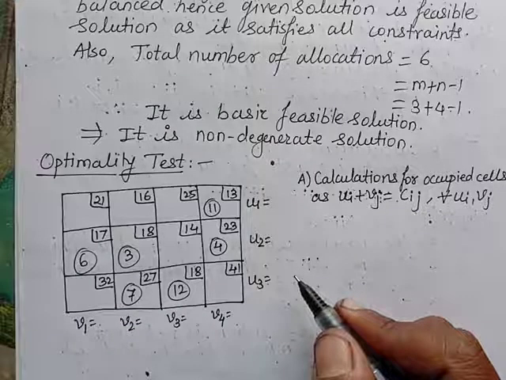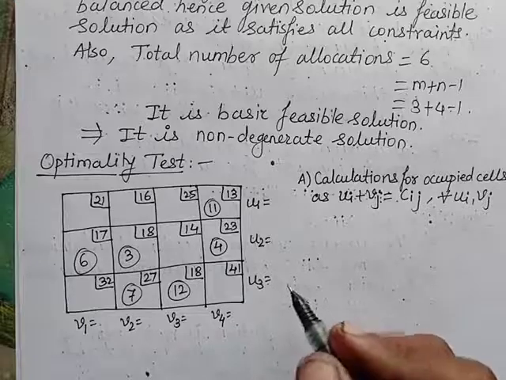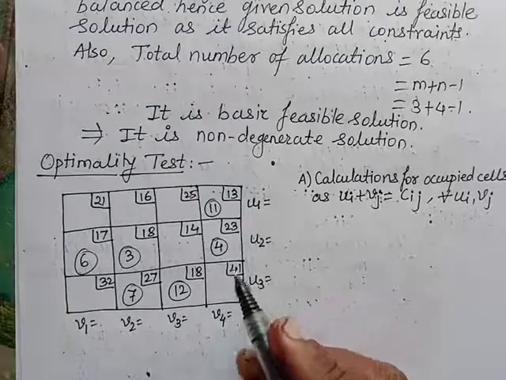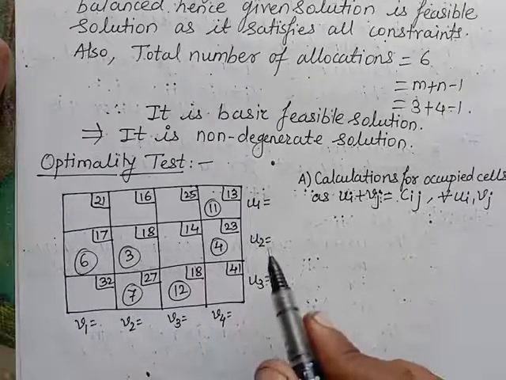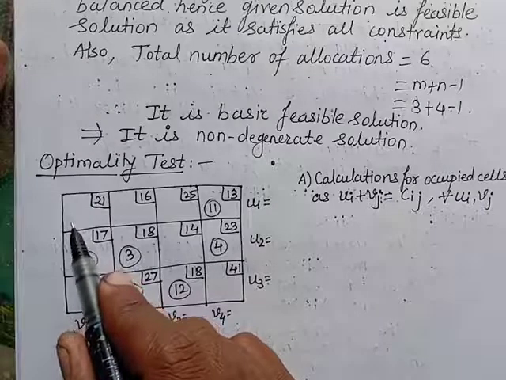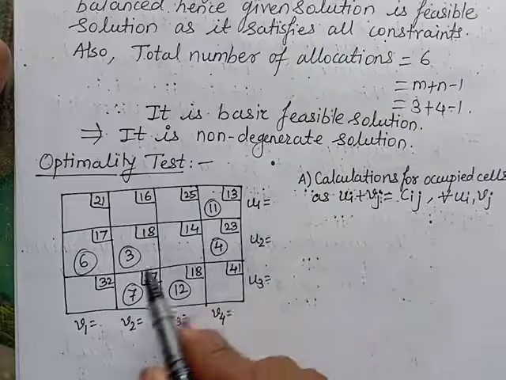It's better to take as 0 the ui or vj with more allocations in either a row or a column. Here in the first row there is only one allocation, so don't set it 0.